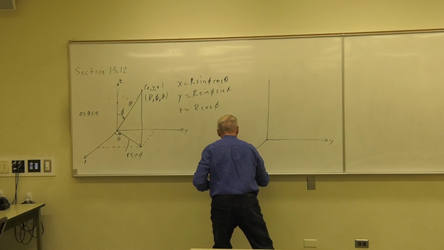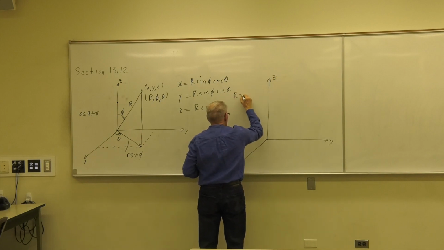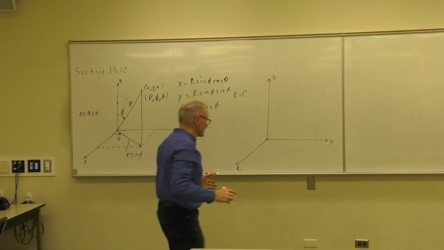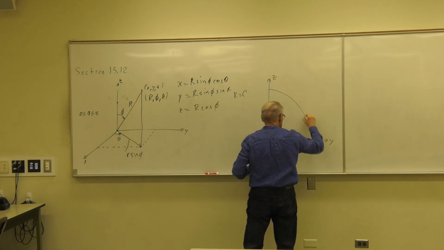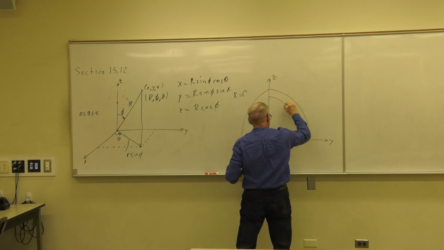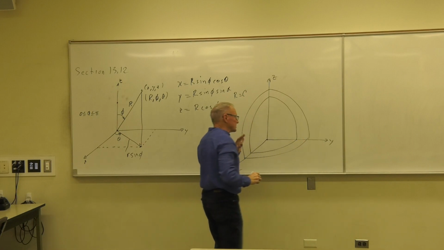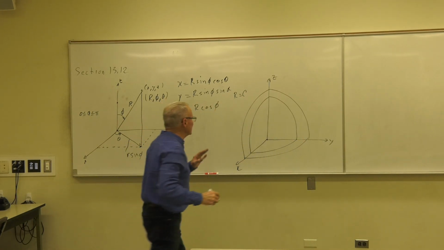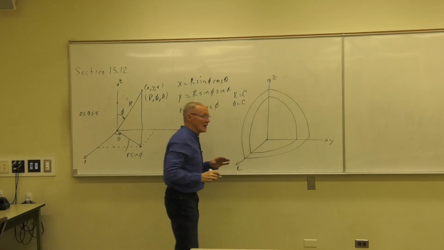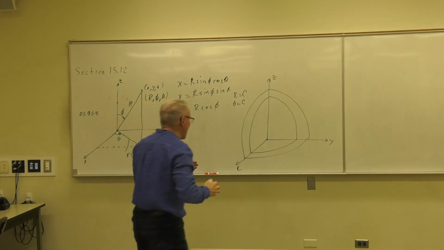So let me make an attempt. We're going to draw r equal constant things. Those are spheres. So let me draw 2 spheres, centered at the origin, reasonably close together. Then we need to draw theta equal constant things, which are, as we've seen before, vertical planes containing the z-axis.